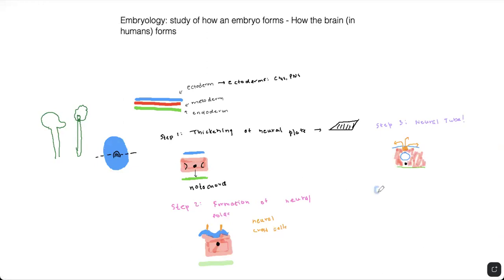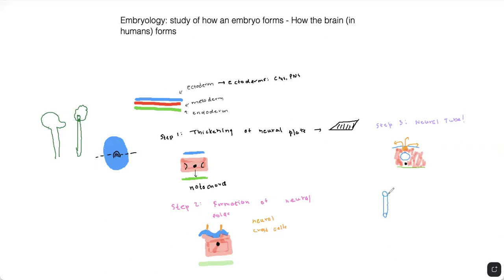I'm taking this out of perspective, just the tube. I'm going to draw it as a tube, right? So the tube looks like this, right?